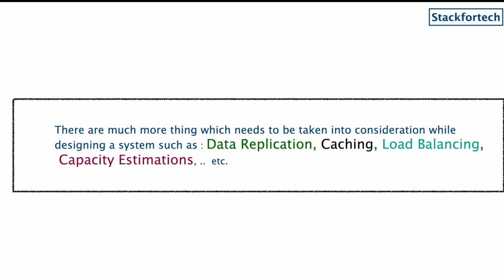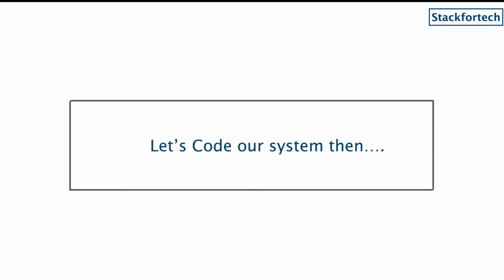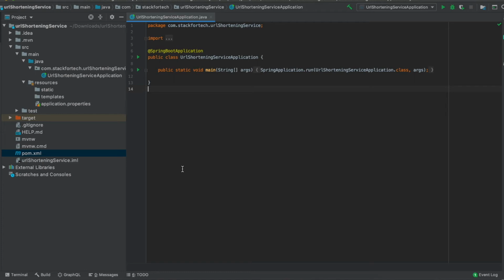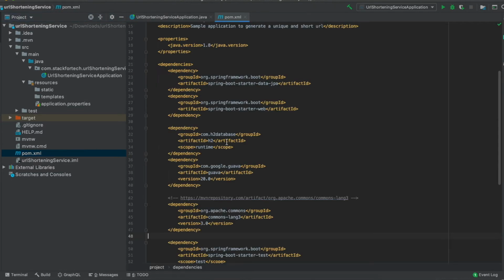So now we have discussed a bit about our application. Now let's jump into the code. I have generated this sample Spring Boot application using Spring Initializr, and let us go into the pom.xml and see what dependencies we have in here. We have Spring Data JPA, Spring Boot Starter Web, and we have also included the H2 database.